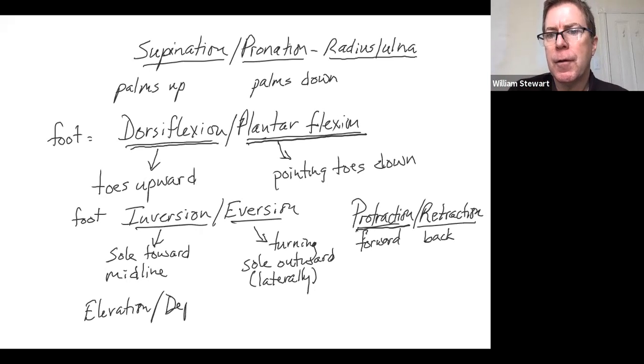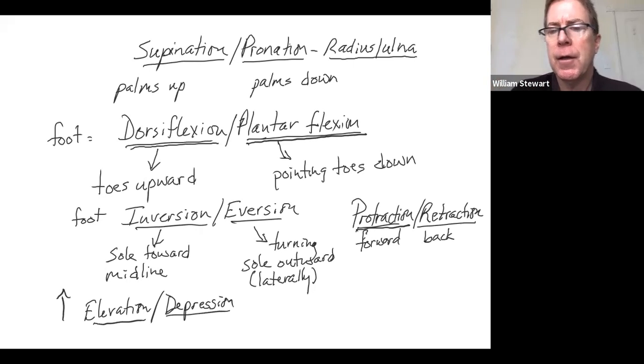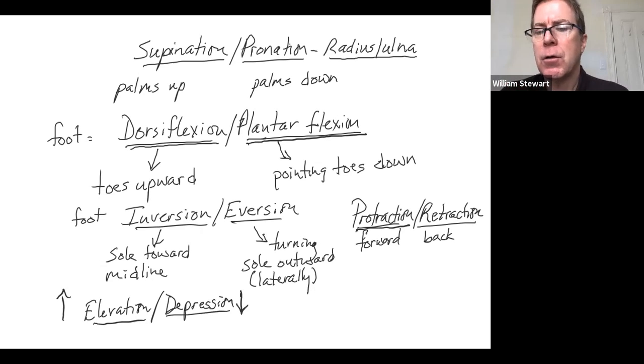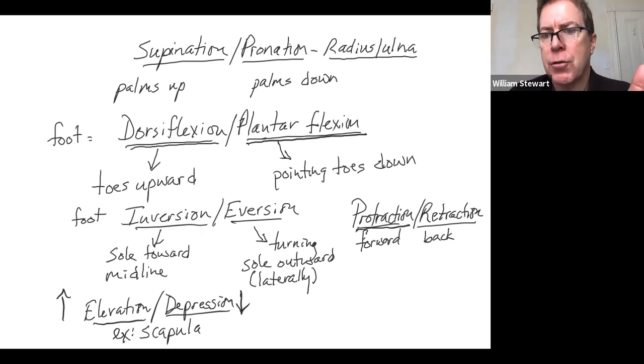Elevation and depression. Almost finished. Almost to the end of the list. This is pretty straightforward. Elevation means moving upward in a superior direction. Depression means moving downward. So a classic example of this is the scapula. When you shrug your shoulders, when you raise your shoulders, the scapula is being elevated.